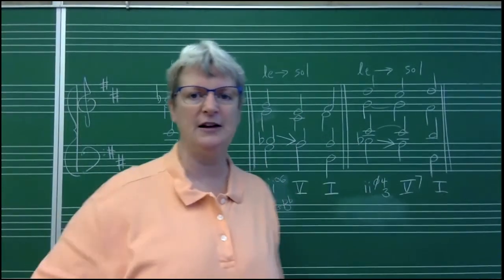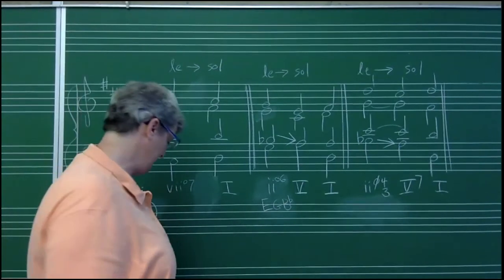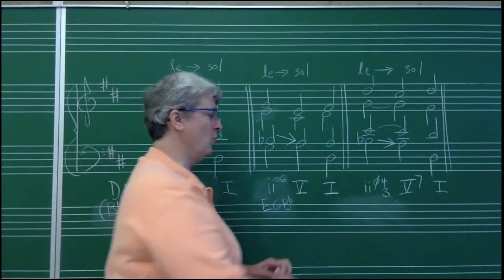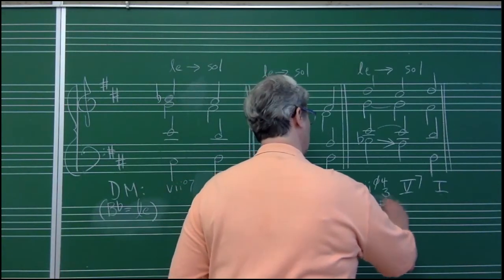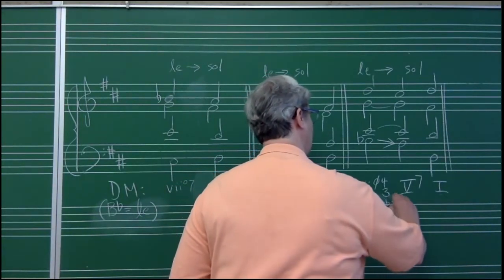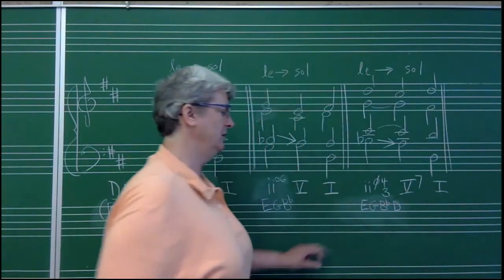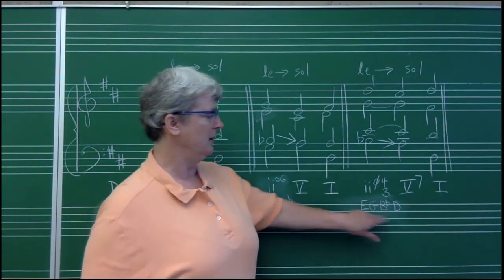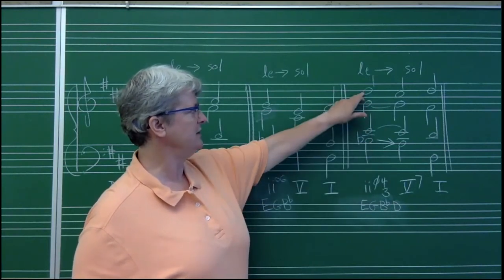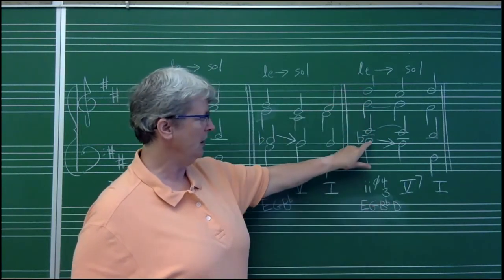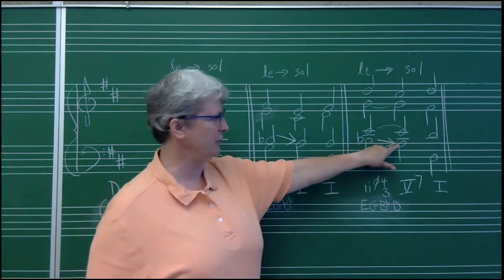Okay, let's look at the final example here on the board. This is a 2 half diminished 7 chord. The notes are E, G, B flat, and D. Diminished triad, minor 7th. E, G, B flat, D. The la is in the bass. It must go down to sol.